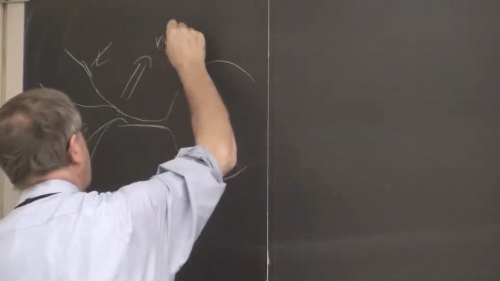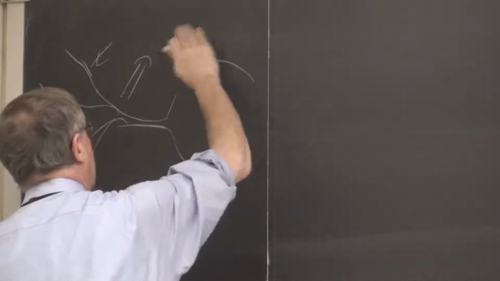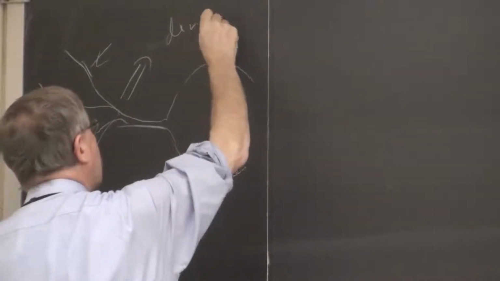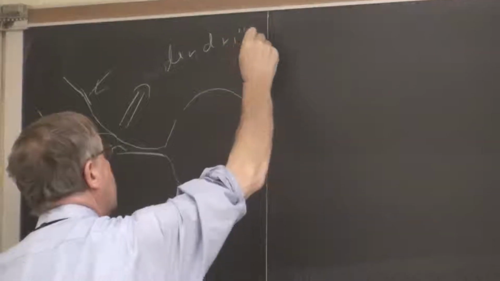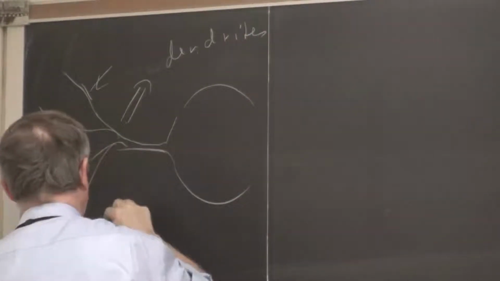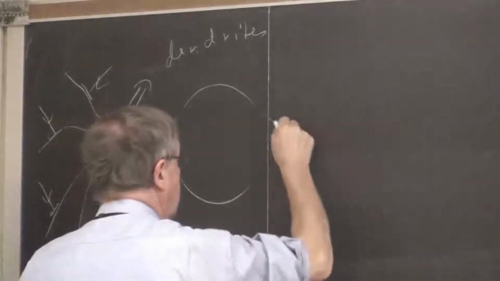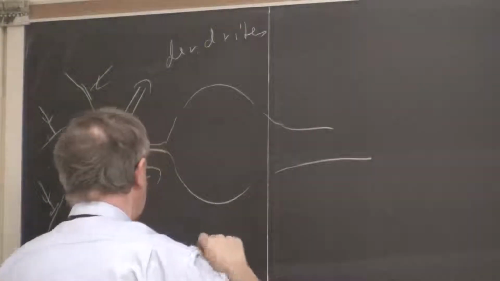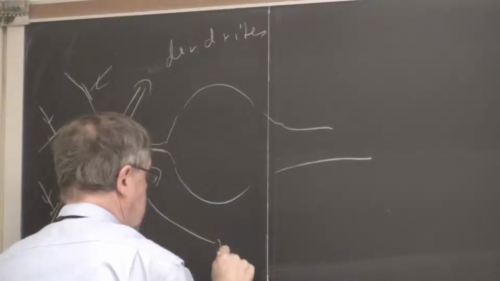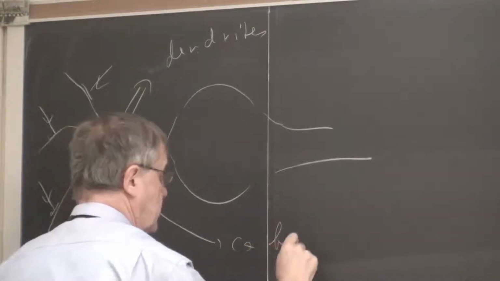So here are the dendrites, and this information is collected by the neuron, and this is described by the cable equation.